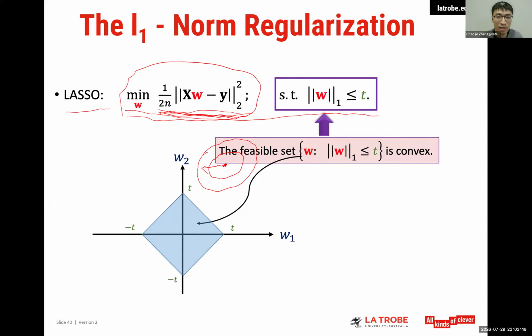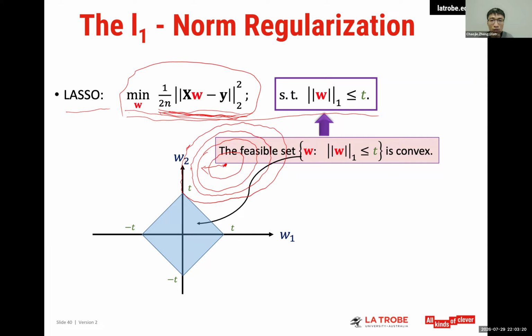So now it becomes a constraint optimization problem. So we keep drawing loss function values that have larger value until this circle has an intersection point with this feasible set for the weight vector, because this weight vector is under this constraint.